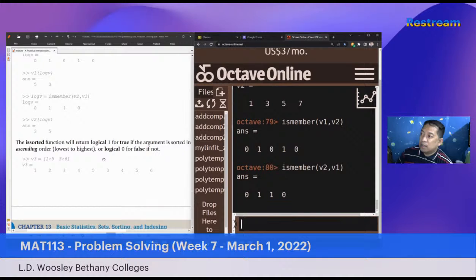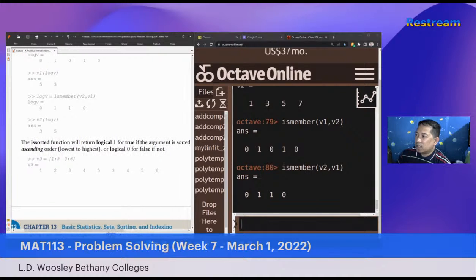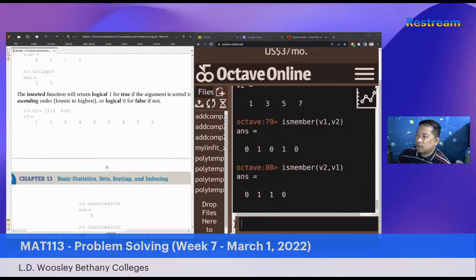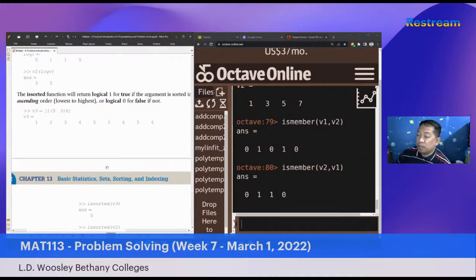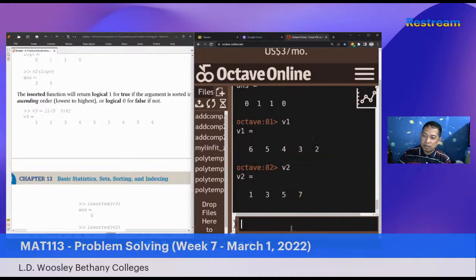Okay, another command here is the issorted function, which returns logical one for true if the argument is sorted in ascending order, lowest to highest, or logical zero for false if not. So kung naka-arrange ba siya from lowest to highest. We still have B1, B2, and B3.